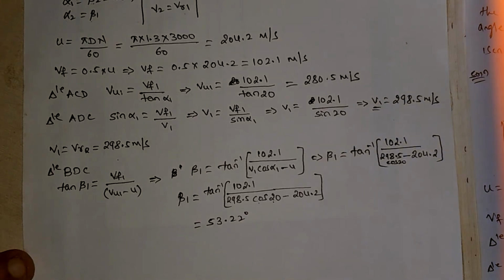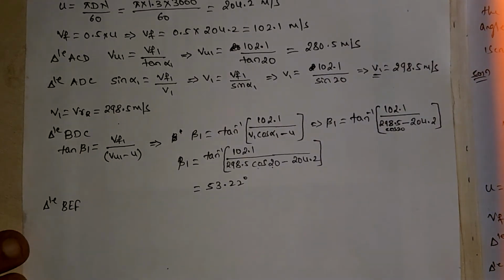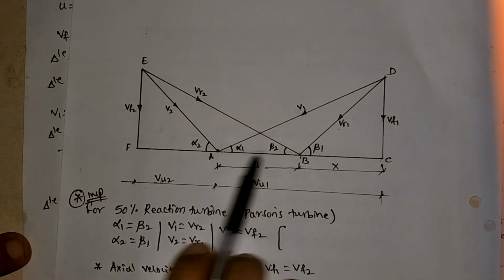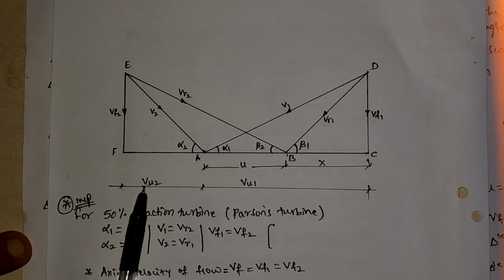Okay, so now consider triangle BEF in the velocity triangle, as you can see here: B, E and F. Consider this triangle BEF. What is the value of Vu2?